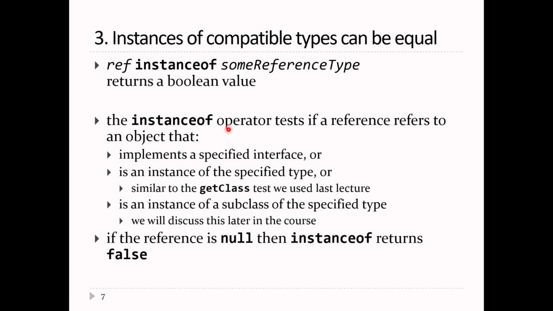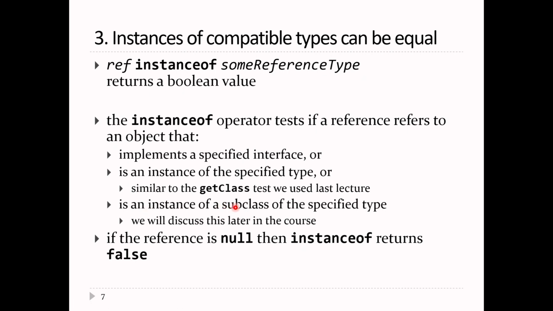instanceof tests if a reference refers to an object that implements a specified interface. If you had an ArrayList t and you wrote t instanceof List, that would be true, because t is a list. It also tests if an instance has the specified type, so if you wrote obj instanceof Point2, that would return true if obj was a Point2 object.